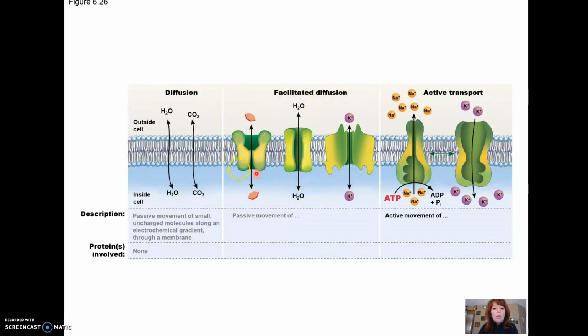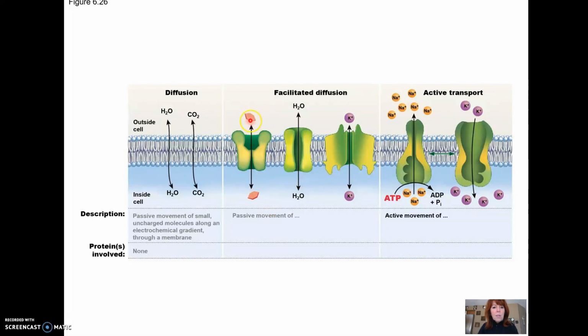Sometimes molecules do not want to move through this membrane, and they don't necessarily need energy to do that, but they do need help. They need a pore, and in this case you can see 3 different pores that are actually composed of proteins. And that protein will allow things like sugars to move into the cell.